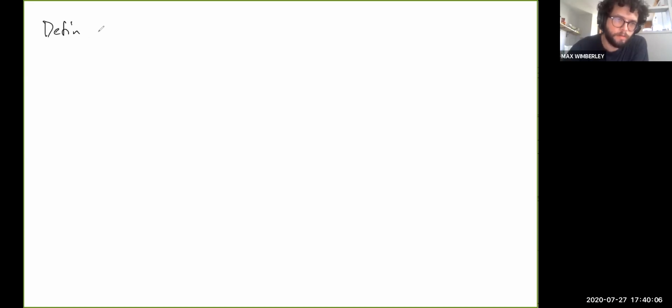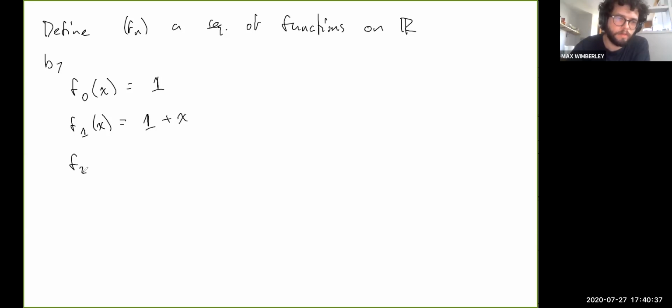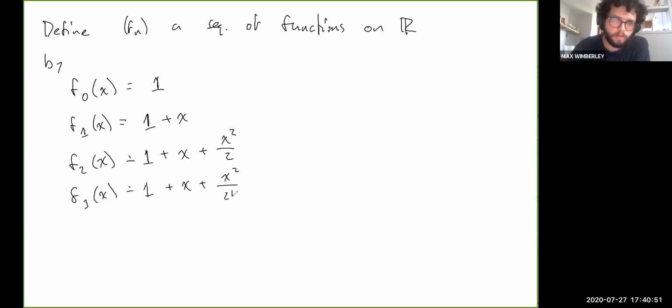So define Fn, a sequence of functions on R, by F0 of x is 1, F1 of x is 1 plus x, F2 of x is 1 plus x squared over 2, F3 of x is 1 plus x squared over 2 factorial plus x cubed over 3 factorial, right?